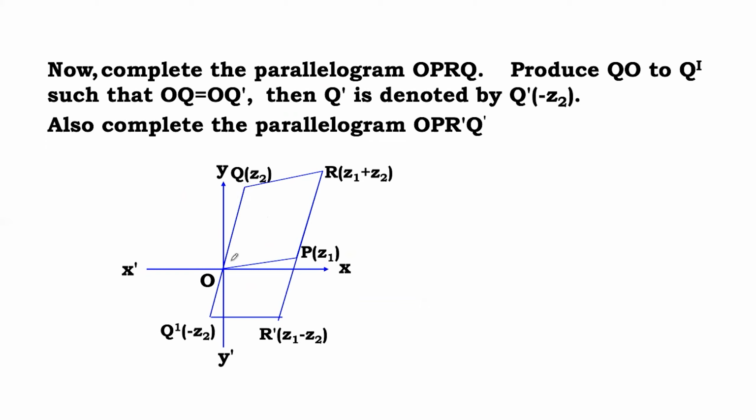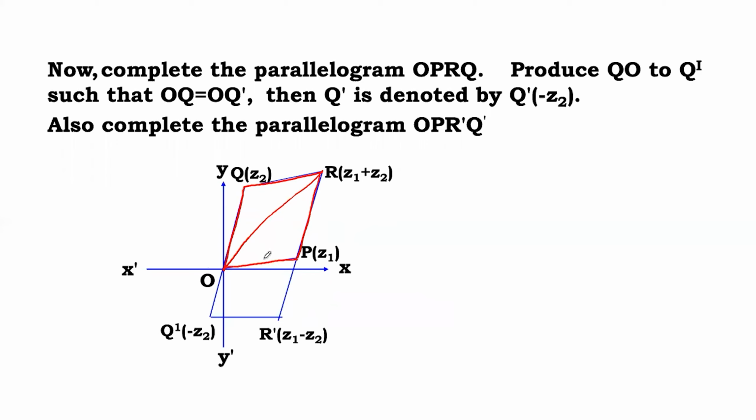Parallel to OQ, a line from P is drawn, that's PR. Similarly, parallel to OP, a line is drawn. Now, if I join O to R, this is the parallelogram and OR is a diagonal.